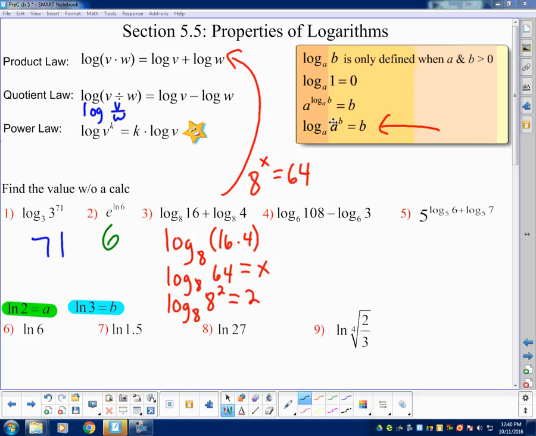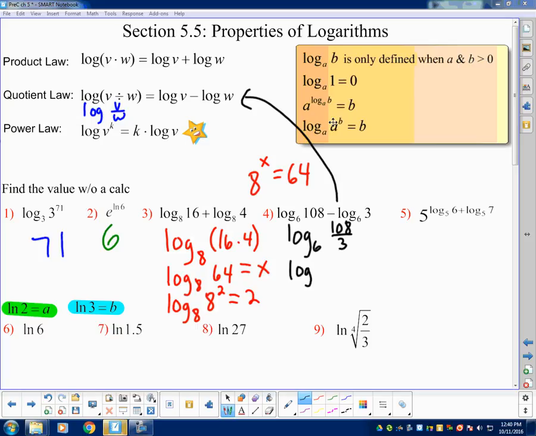All right, the next one. We're going to rewrite this one. This one matches with this one right here, so we're going to rewrite it going backwards. This would be the same as log base 6 of 108 divided by 3, or log base 6 of 36.